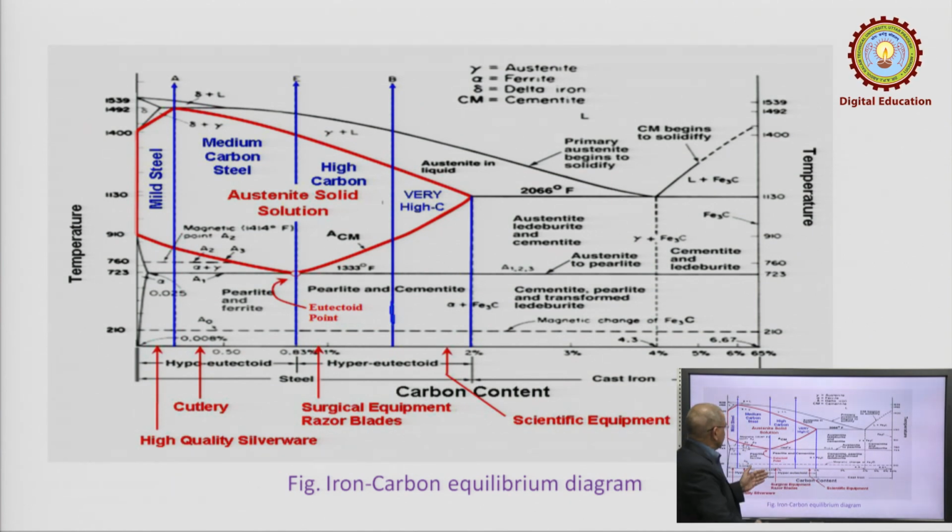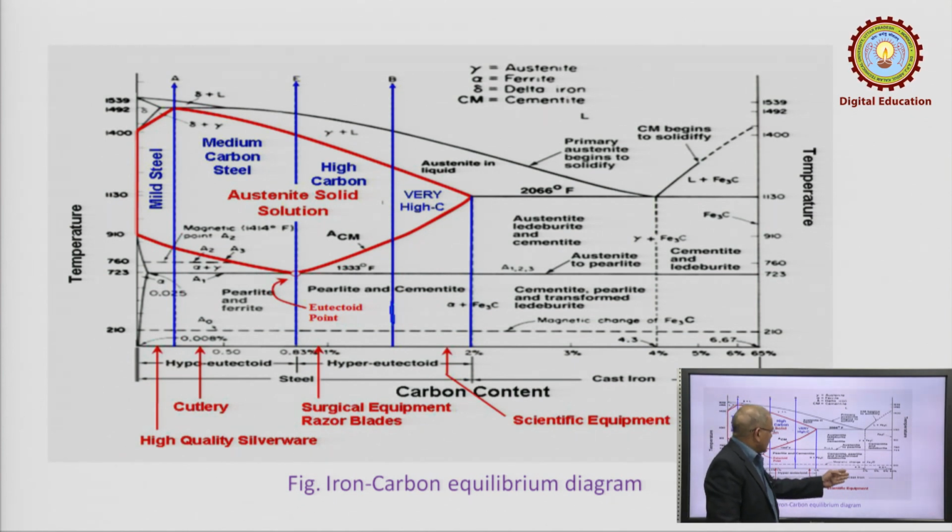Further, when the percentage of carbon is increasing, you get the high carbon steel and very high carbon steel. Very high carbon steel is up to approximately 2% carbon. Beyond that, higher percentages of carbon up to 6.5%, this is cast iron. So, starting from here, this is plain carbon steel, and beyond this it is cast iron.